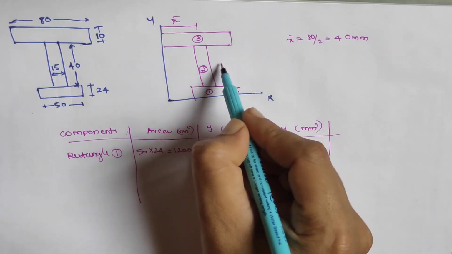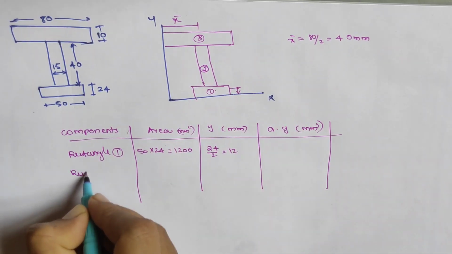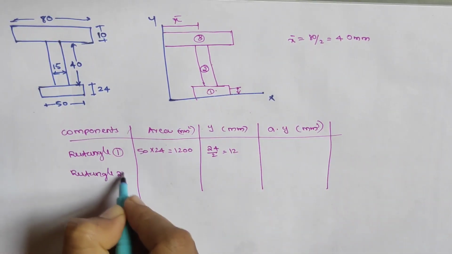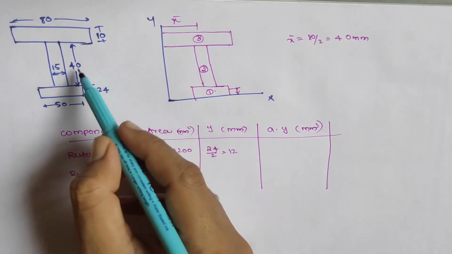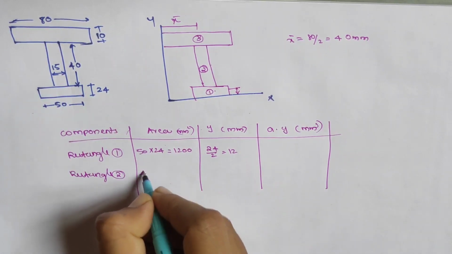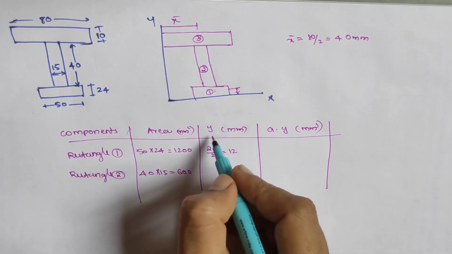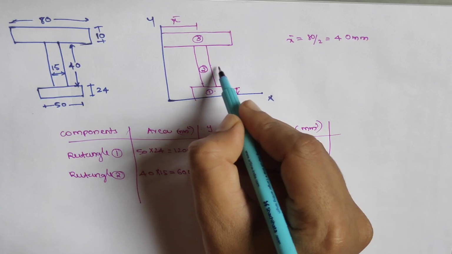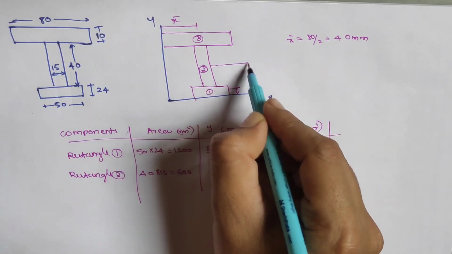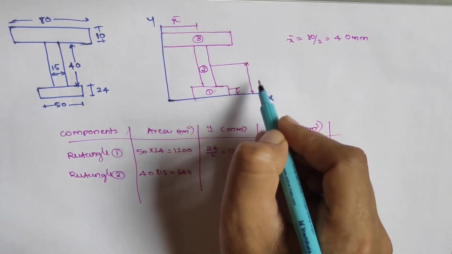Next, rectangle 2. What is the area? 40 into 15. 40 into 15 will be 600. Next, y. What is the y value for the second rectangle? That will be from the middle of the second rectangle to the bottommost.